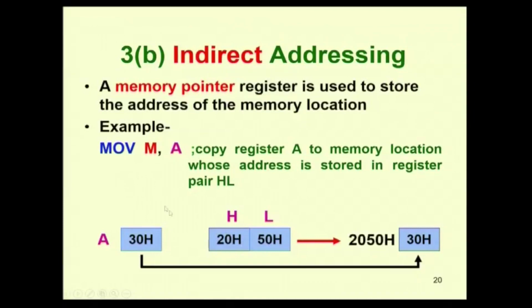And then we simply say MOV M comma A. We do not mention any address here; we simply give the opcode, MOV M comma A. The memory address is not mentioned, but it will be taken: the microprocessor will take the address from the HL register pair and move the data from the accumulator to the memory location 2050H. So, this data is moved to this memory location.